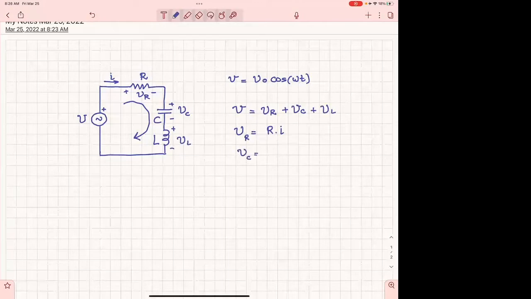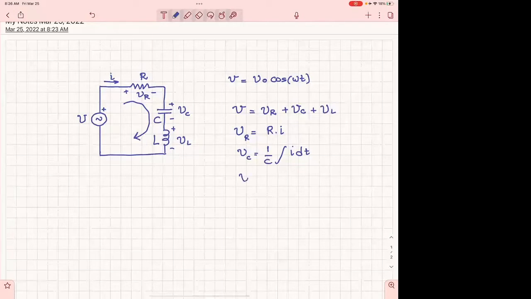How much is V sub C? Who is going to tell me? We are in the time domain, see? Remember that the capacitance C is the inverse of resistance.